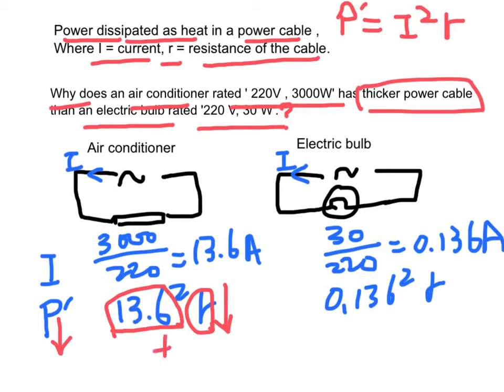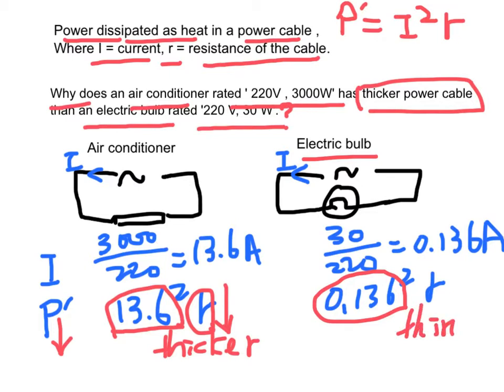Therefore, we use thicker wire. However, for the electric bulb, the current is very small. Even though we use a thin cable, the resistance of the cable is large, but the power dissipation by the cable will still be very small.